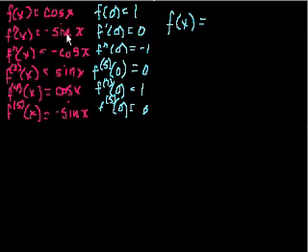So intuitively, if a function equals something at a point, and every one of its derivatives is also equal to the function at that point, well, maybe those functions are equal to each other. But I haven't proven that to you yet.